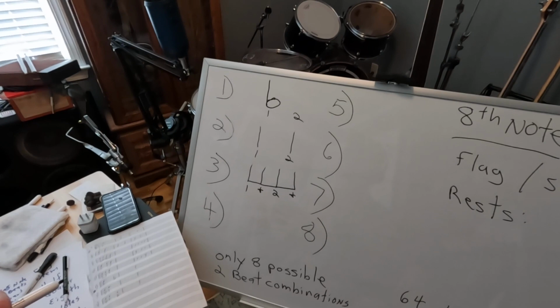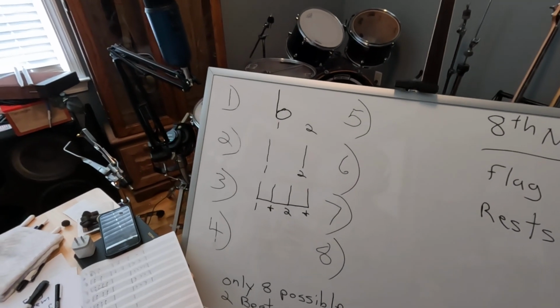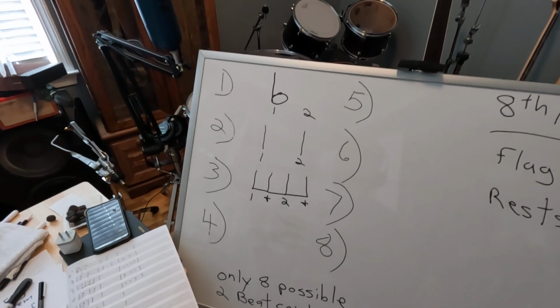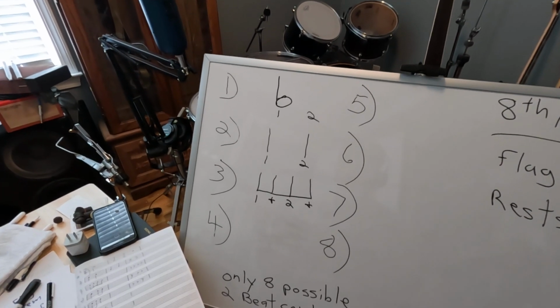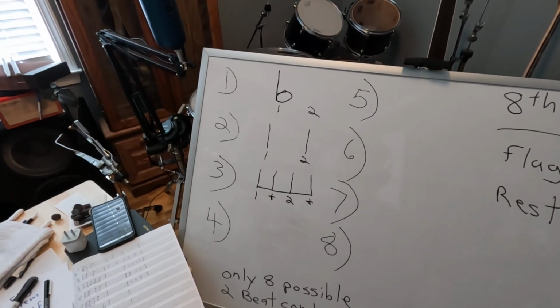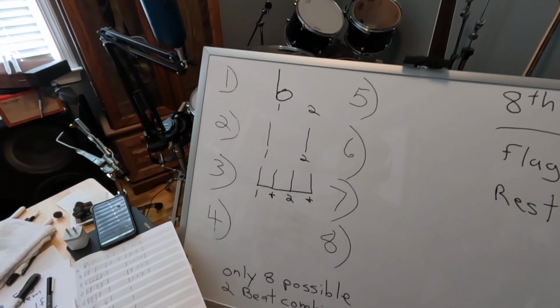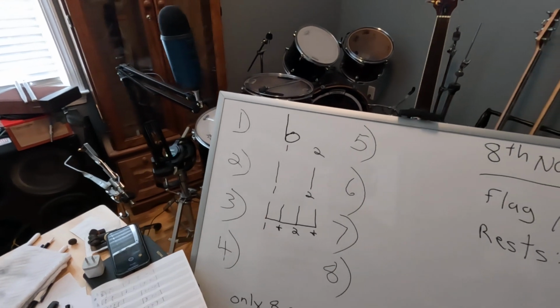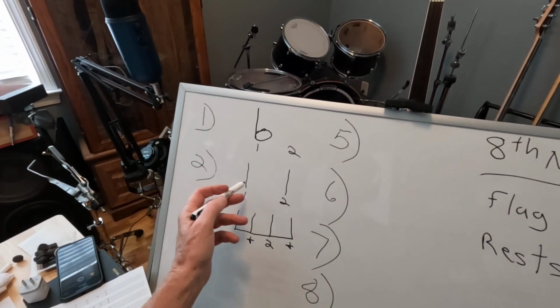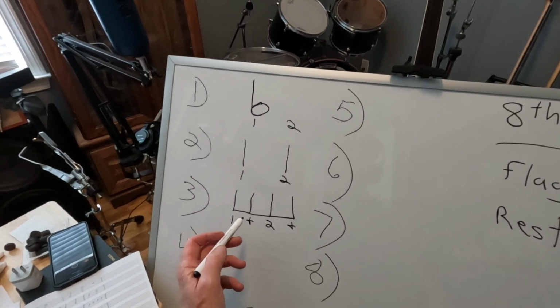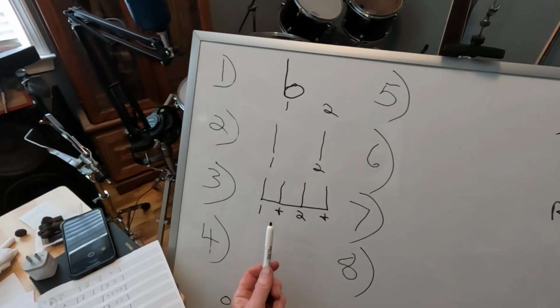So half note, half note, quarter note, quarter note, quarter note, quarter note, eighth note. Okay, half note gets 2 beats, quarter notes each get 1 beat, eighth notes each get a half a beat, 1 and 2 and.